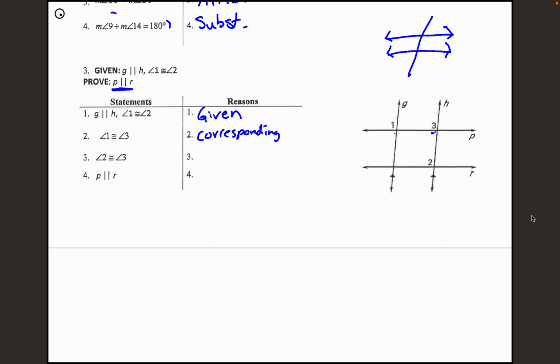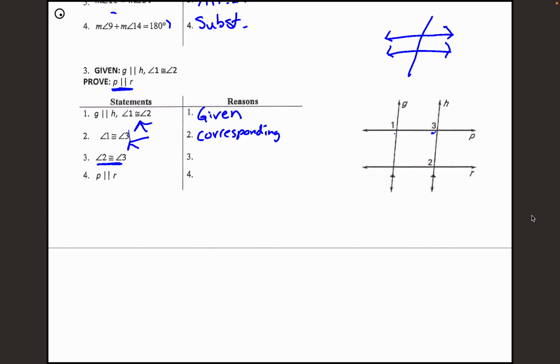But how can I say angle 2 is congruent to angle 3 without saying they're corresponding? They're congruent to each other. Let's look at our previous steps. We have angle 1 is congruent to angle 2. Angle 1 is congruent to angle 3.